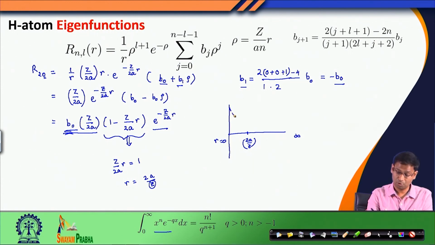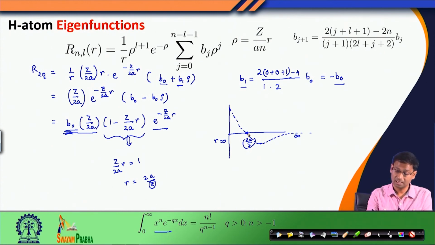So, this will keep on decaying until 2a over z, and then this function will become 0, and then it will become negative because the second term is greater than the first term. But then I see for larger value of r, the exponential function will take over, will dominate, and then this will pull it up and the function will become 0.